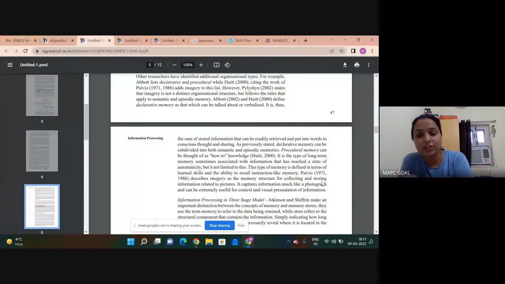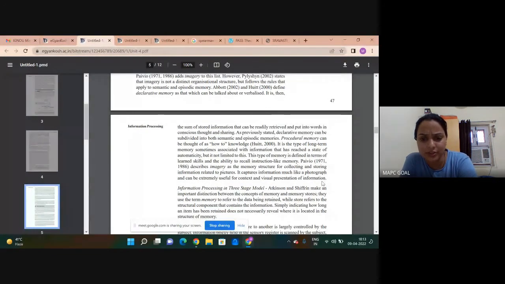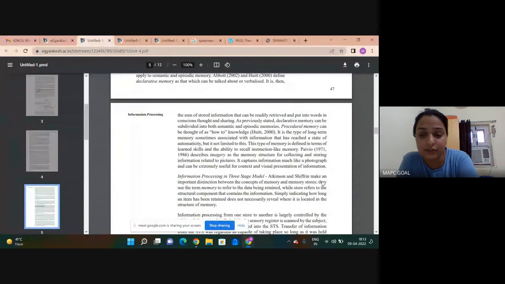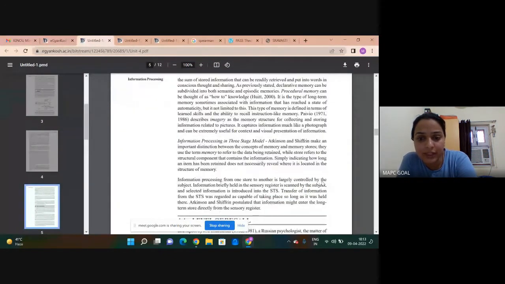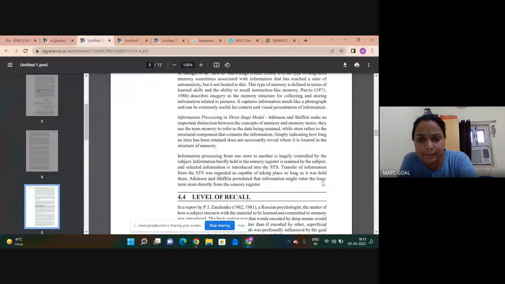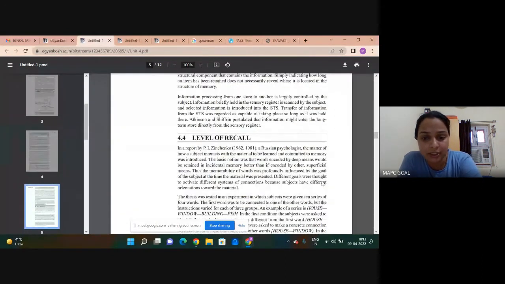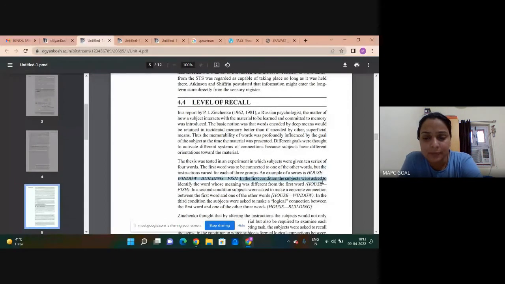But when you are actually doing it, when there is automaticity in your driving behavior, that is your procedural memory. You just do it because of driving the vehicle for a longer period of time. Then we already talked about how memory is stored. It is the storage system: sensory, working or short-term memory, and then long-term memory. So this is what you will see.